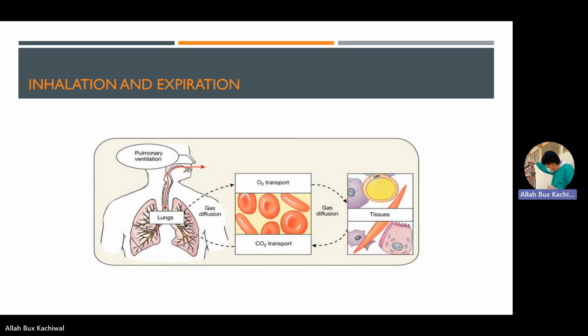From the alveoli, the blood carries the oxygen and travels into the cells and goes into the mitochondria, where the oxygen is metabolized and the carbon dioxide is produced, which is carried through the blood into the lungs, and then it is expelled out.